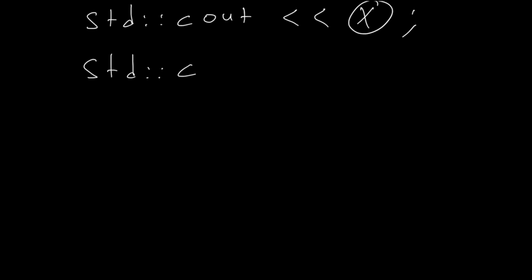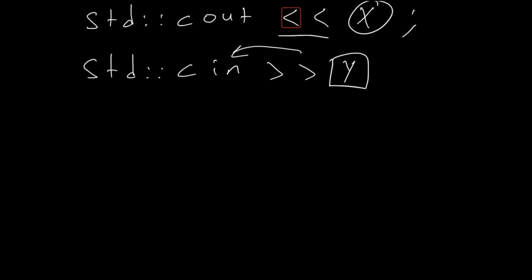Now we are going to do the opposite. If we use cin here, we need to reverse this symbol so that it points to our variable. Let's say this variable is y. So y is going to receive from cin, and cin will ask us for this y value.